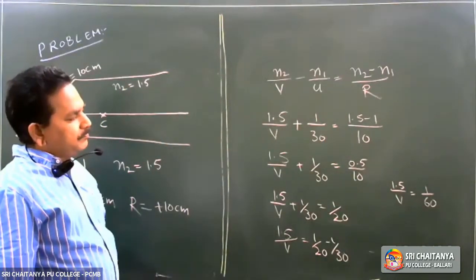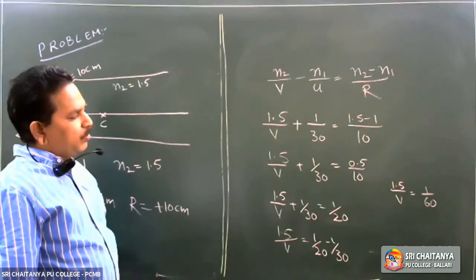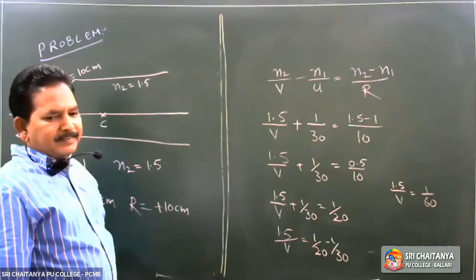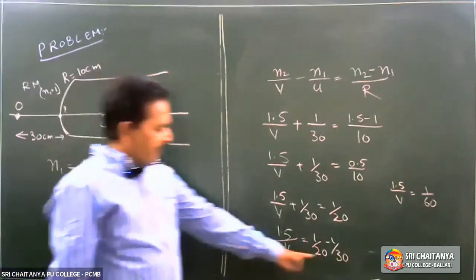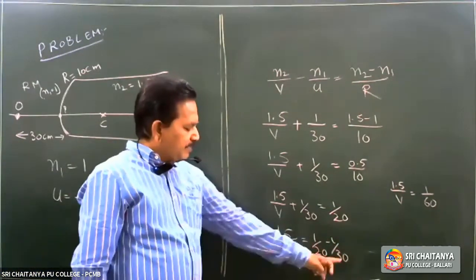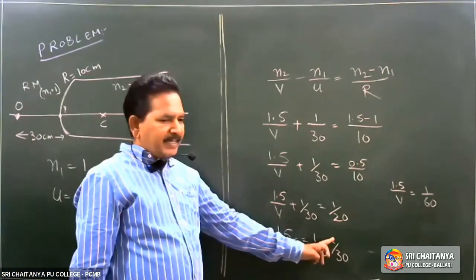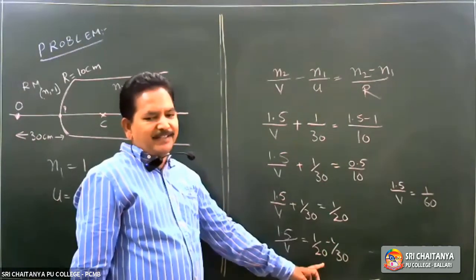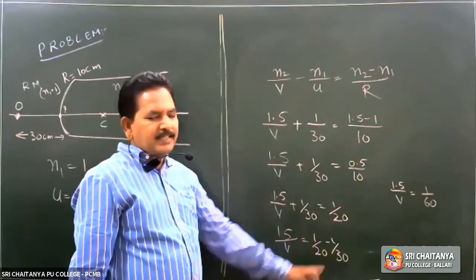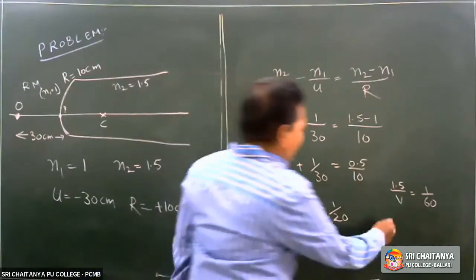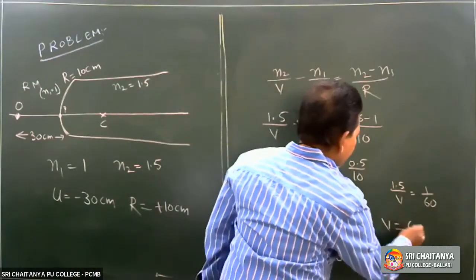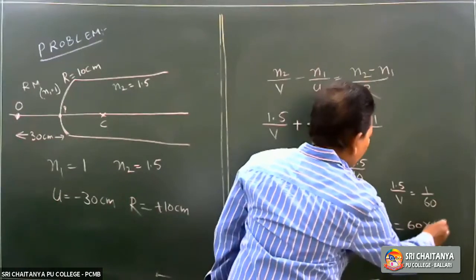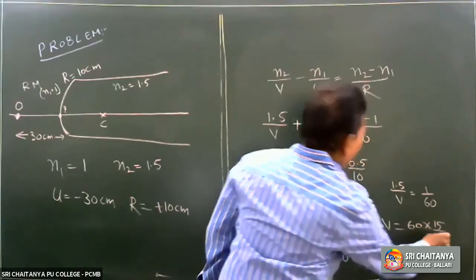1.5 by V is equal to 1 by 60, because if we do the LCM, 60, 30 minus 20, 10. Therefore, 10 by 600, the 10 gets cancelled, 1 by 60. Then V value is equal to 60 into 1.5, that is 15 by 10.